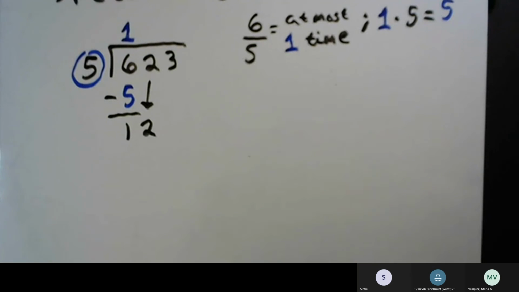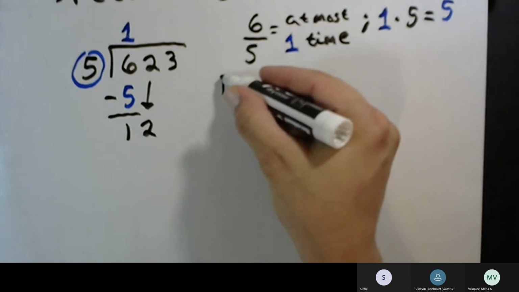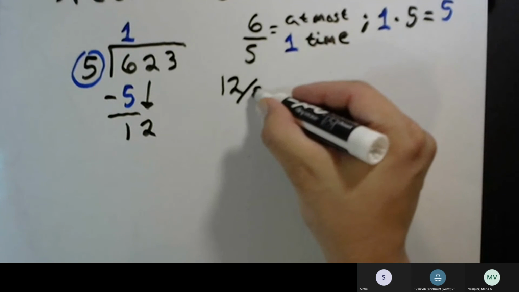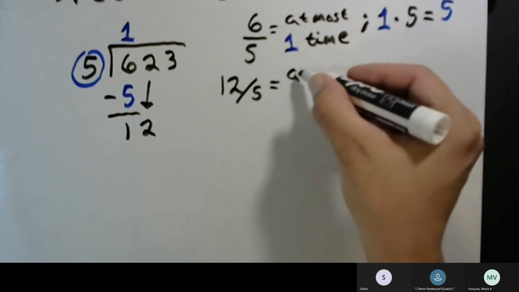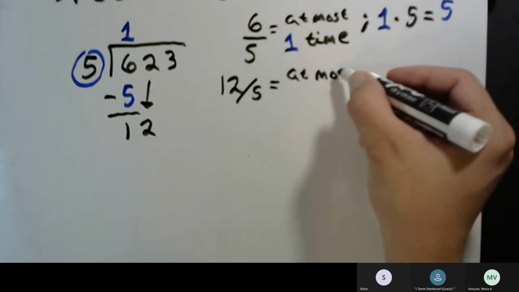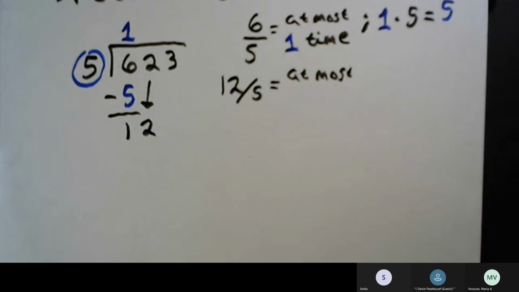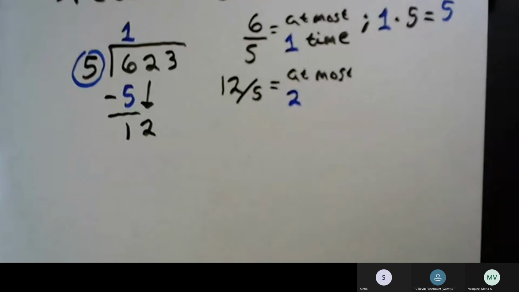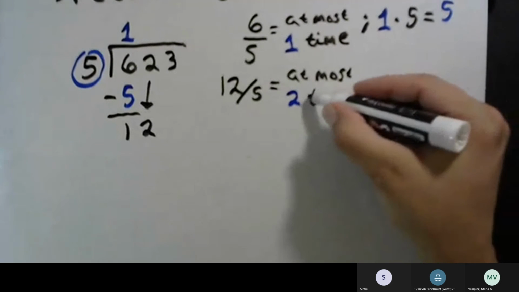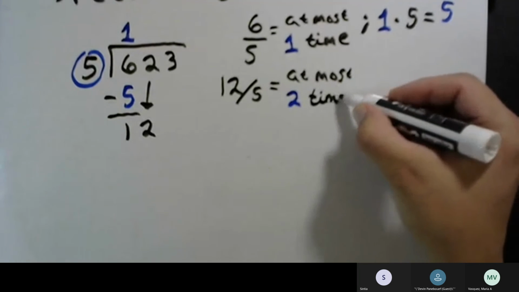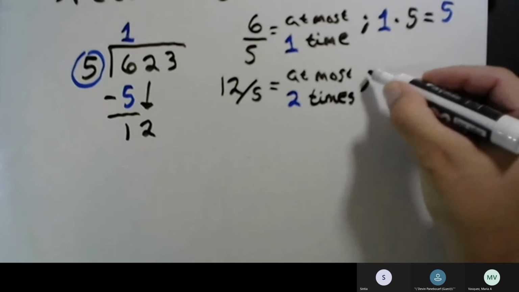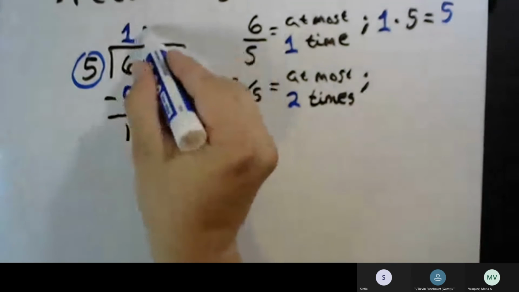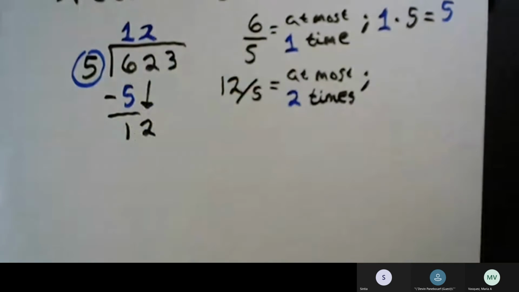Now we're going to repeat it. 12 over 5 is at most 2 times. Go to 2.